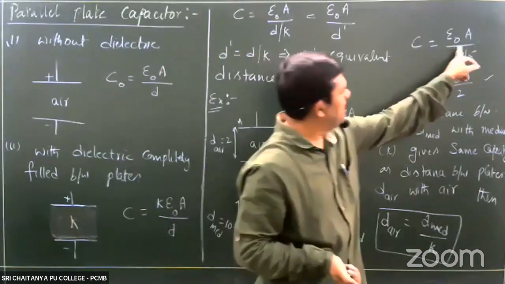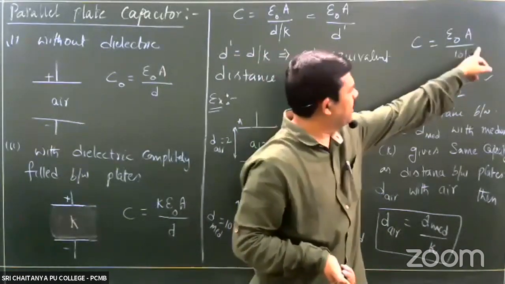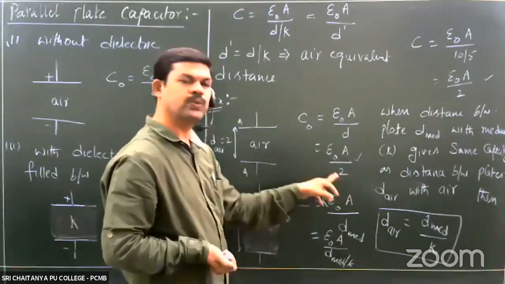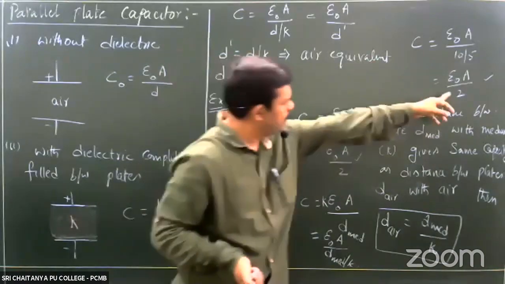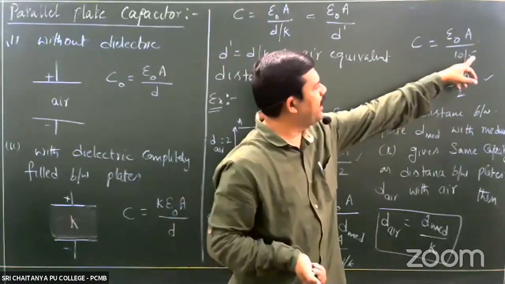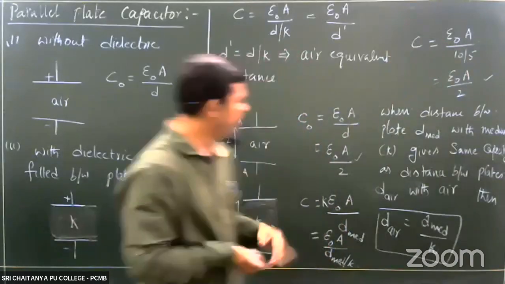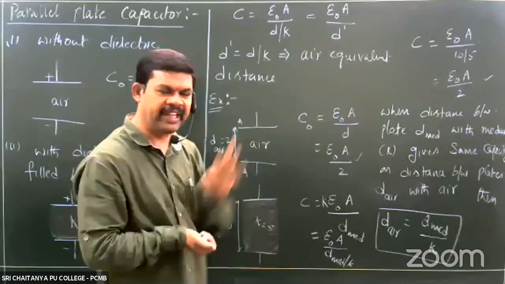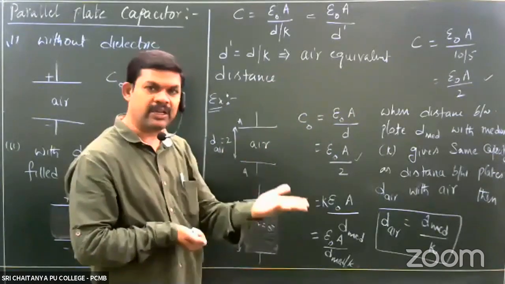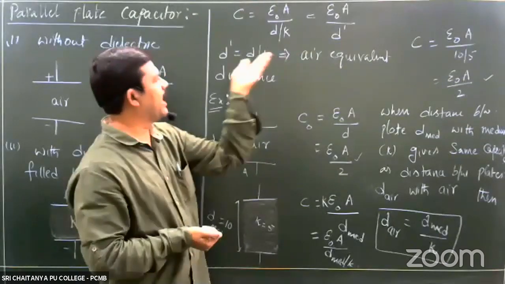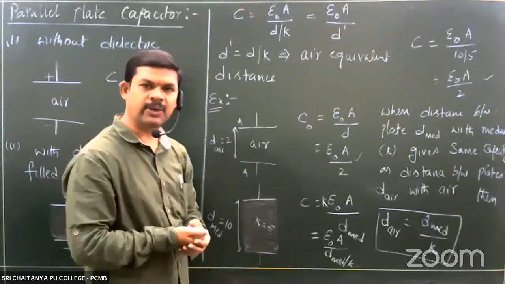Whatever factor we get here, that is equivalent to air distance 2. Yes or no? We got 2 here, we got 2 here. So D in air can be written as D medium by K, which is the equivalent of air separation. Air equivalent, we call it.